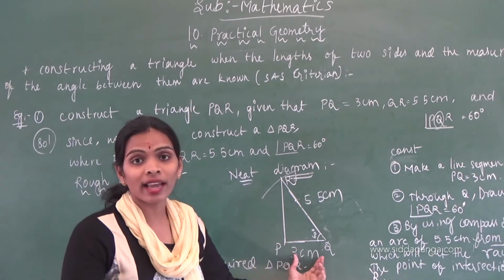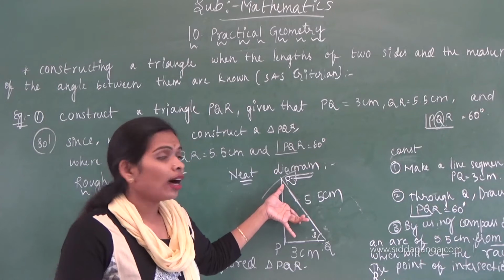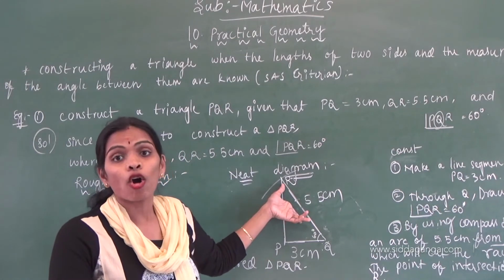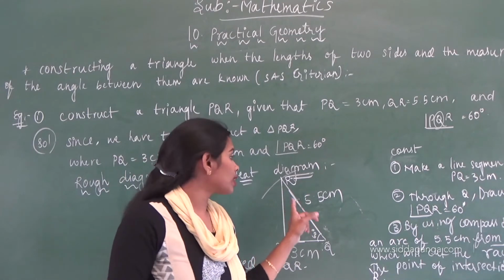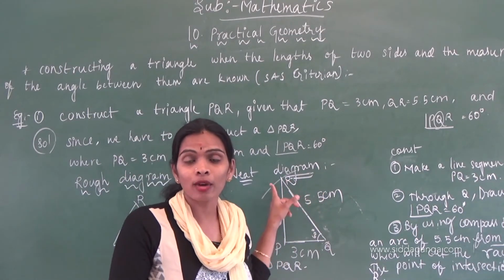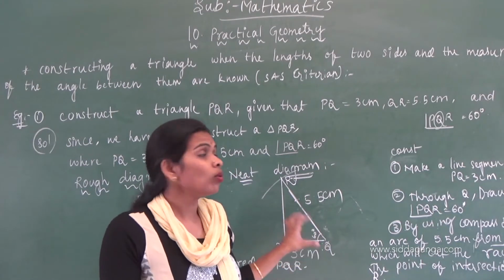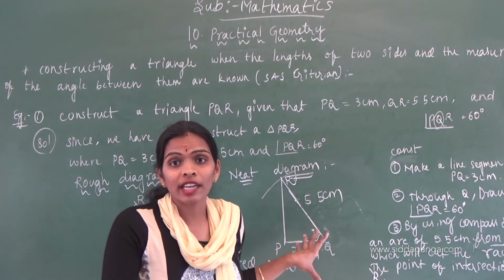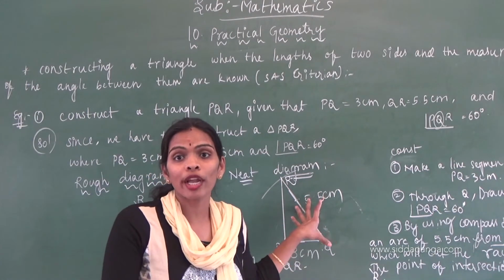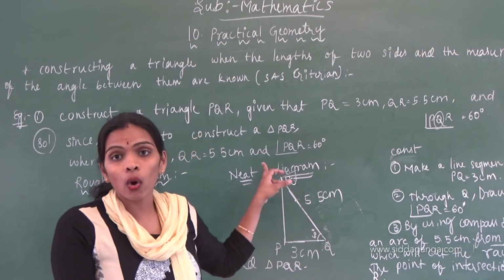First I am taking the line segment PQ of length 3 centimeters, and then 60 degrees of angle at Q, and then I am cutting the arc on the ray which is prolonged from Q with an arc of 5.5 centimeters. The intersection point, I am naming R. Therefore, I am joining all of them.